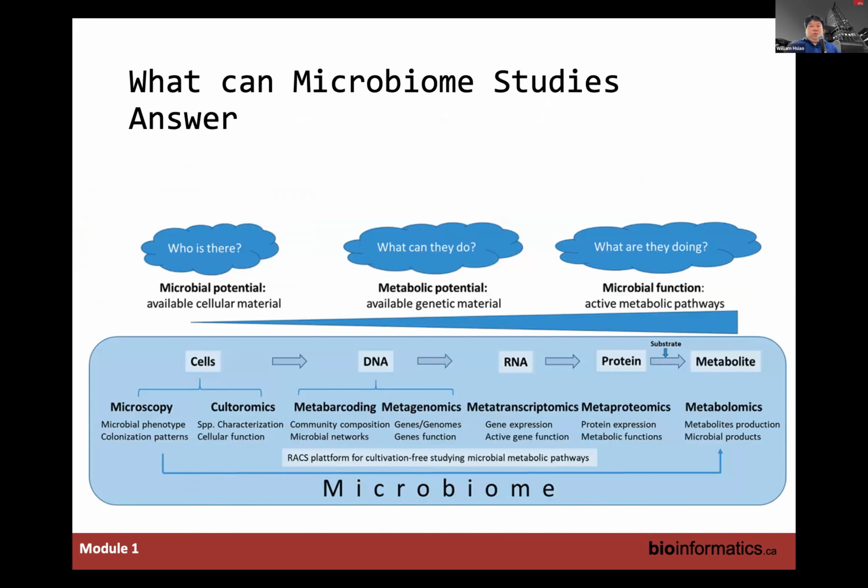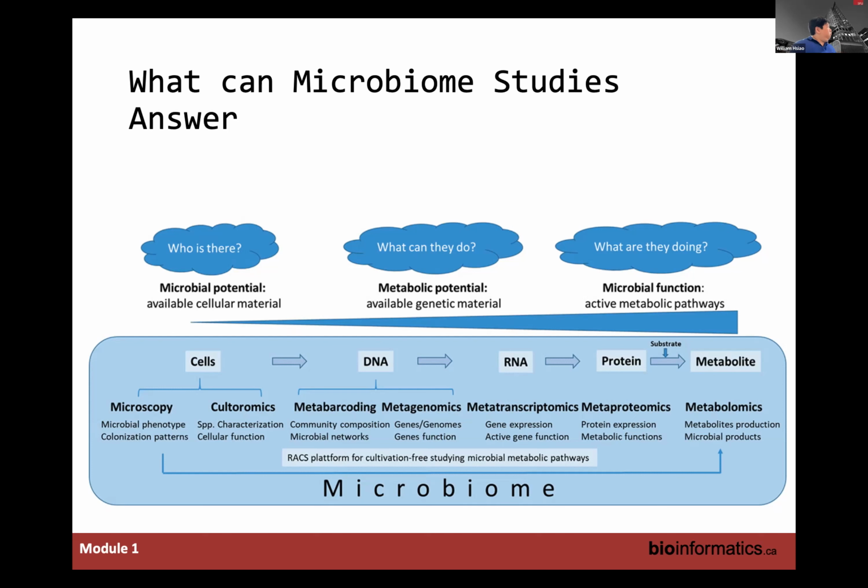Okay, so there are different questions that a microbiome study can answer, from who is there, what can they do, to what are they doing, right? So who is there can be answered by marker gene type of analysis, by metagenomics-based taxonomic classification, which we'll see in the next module and tomorrow morning.